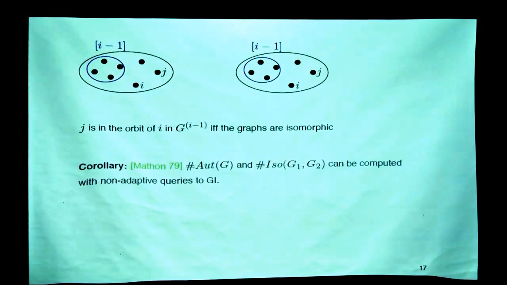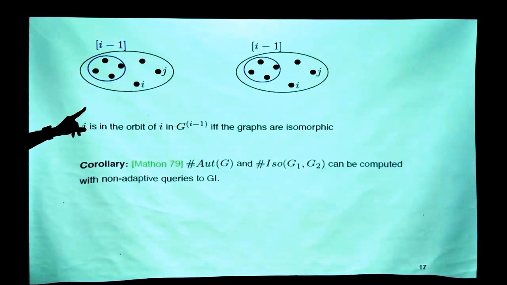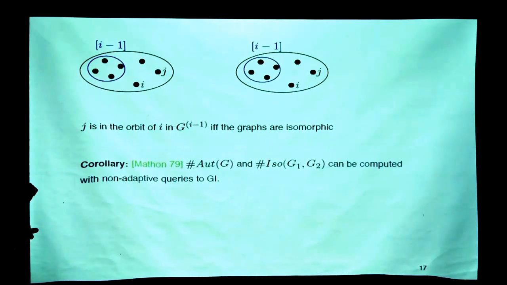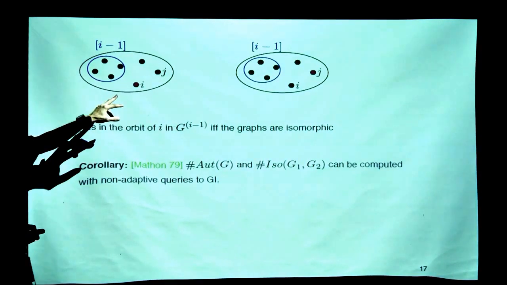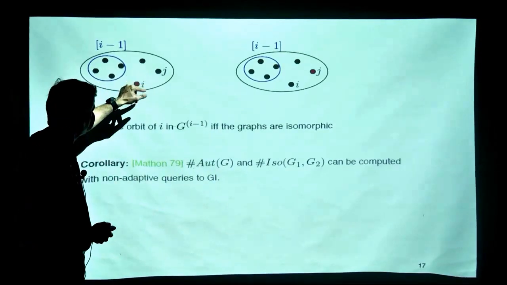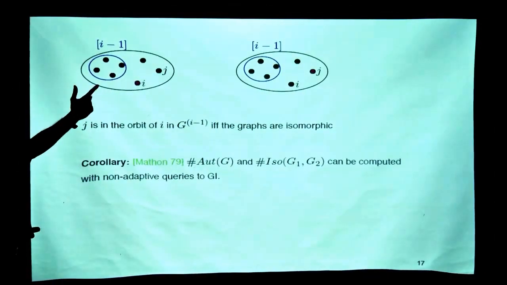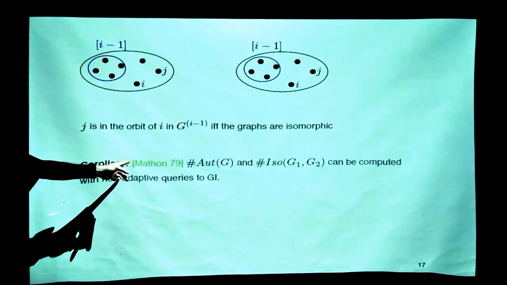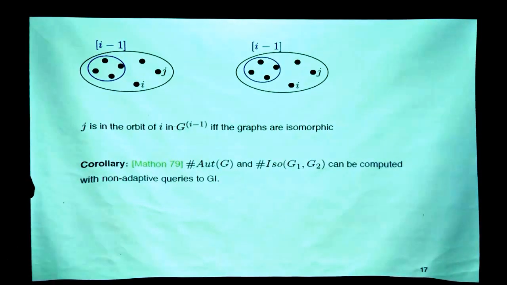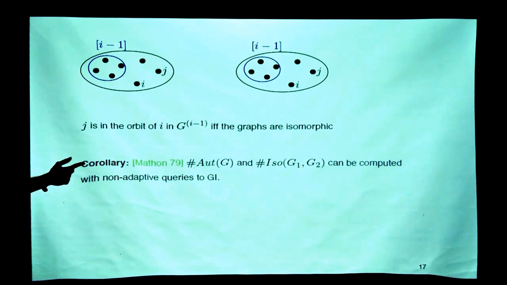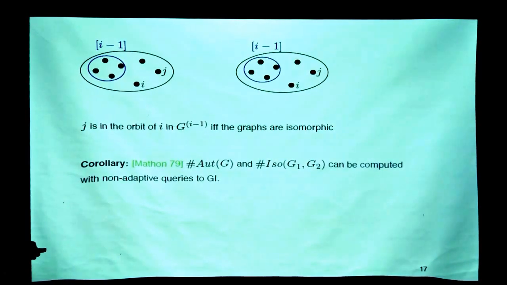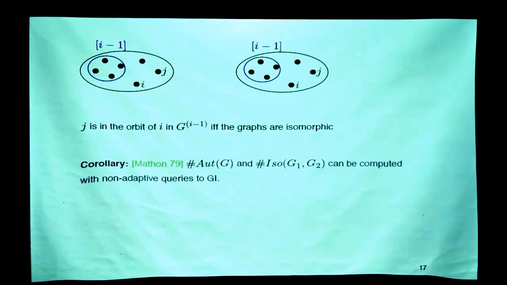And so we have a graph, where some of the vertices are fixed, and if we know to which points we can map I to in this graph, then we could find the size of the orbit. And this is exactly what Malcolm did in the 70s, compute the number of automorphisms in the same way you can compute the number of isomorphisms, exactly by computing the size of the orbit.